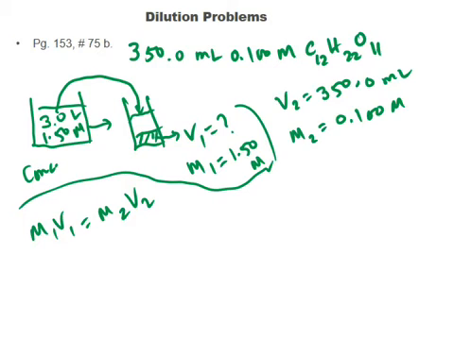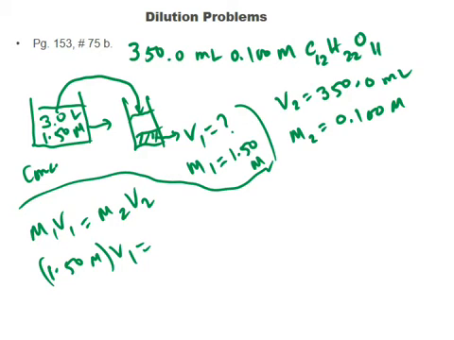Okay, now let's plug in all these numbers. M1, molarity 1 is 1.50, volume 1, we don't know, we need to calculate that.